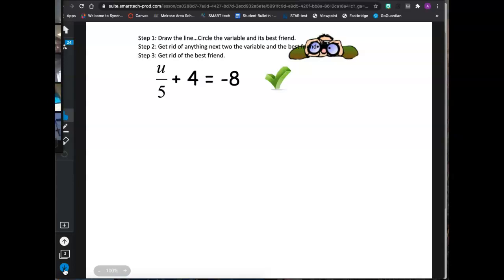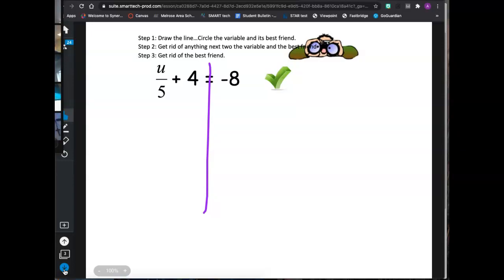Okay, and the first thing we always do is draw a line by the equal sign. And now remember, we're going to circle the variable and its best friend. What's the variable? U. U is the variable.